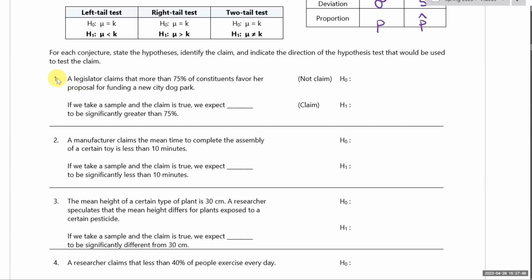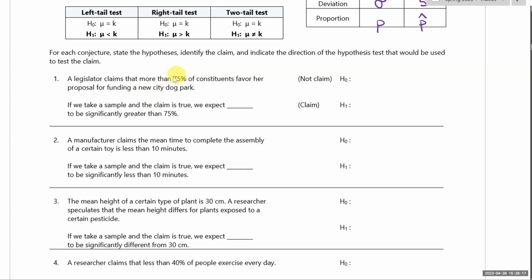All right, so I'm going to come over here to my hypotheses. So H naught, H1, and they're followed by colons. And we are always going to start with writing our claim, because our claim will be our research hypothesis. So the claim here is that the percentage of people that favor the funding is more than 75%.